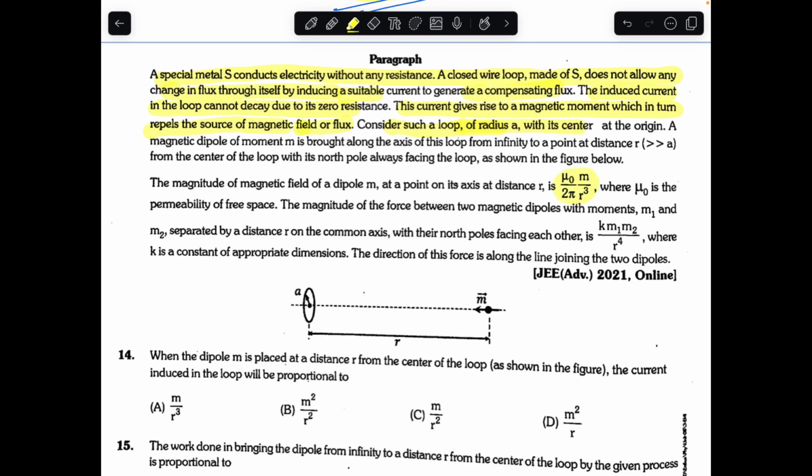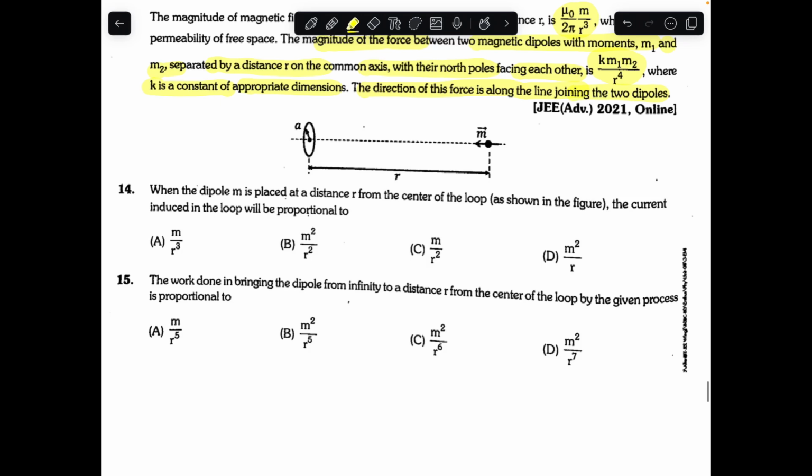You know the magnetic dipole moment, magnetic field due to dipole, where mu naught is the magnitude of force between M to separate by distance R axis. Force is given by K M1 M2 by R to the power 4. That is the force, where K is a constant. The direction of this force is along the line joining the two dipoles.